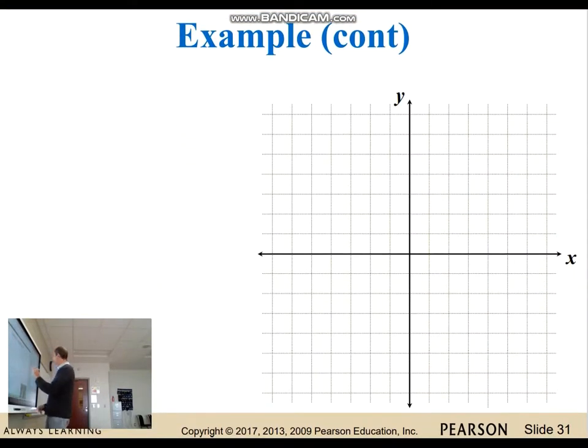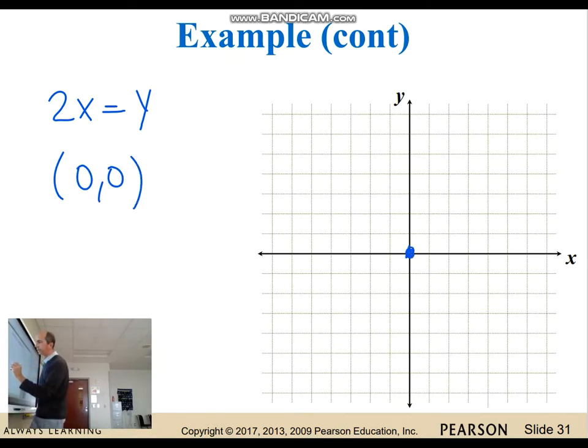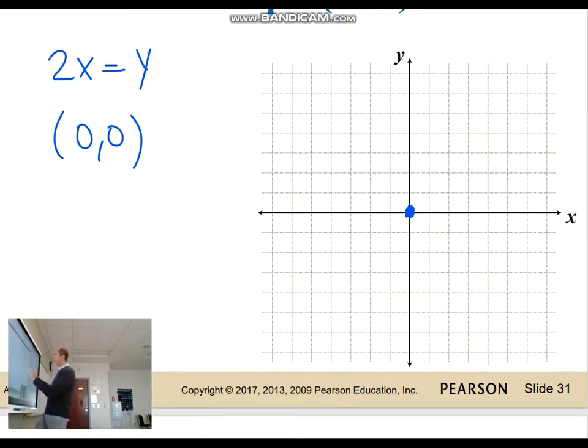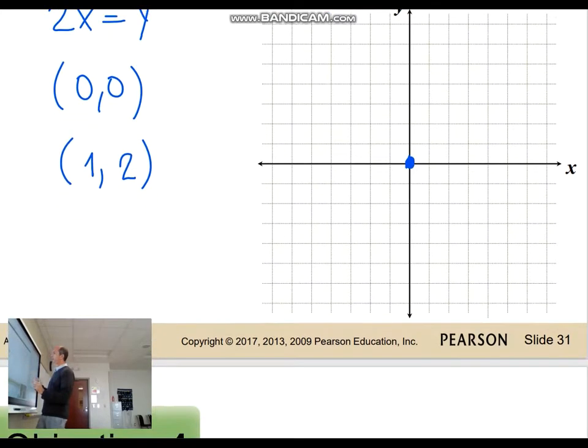And we were working on 2x equals y, right? We know that 0 and 0 is going to be a point. This we have seen. This is going to be the y-intercept and the x-intercept. We can guess other numbers here. Let's say if x equals 1, y equals 2 times 1, which is 2. If x equals 2, y equals 4.